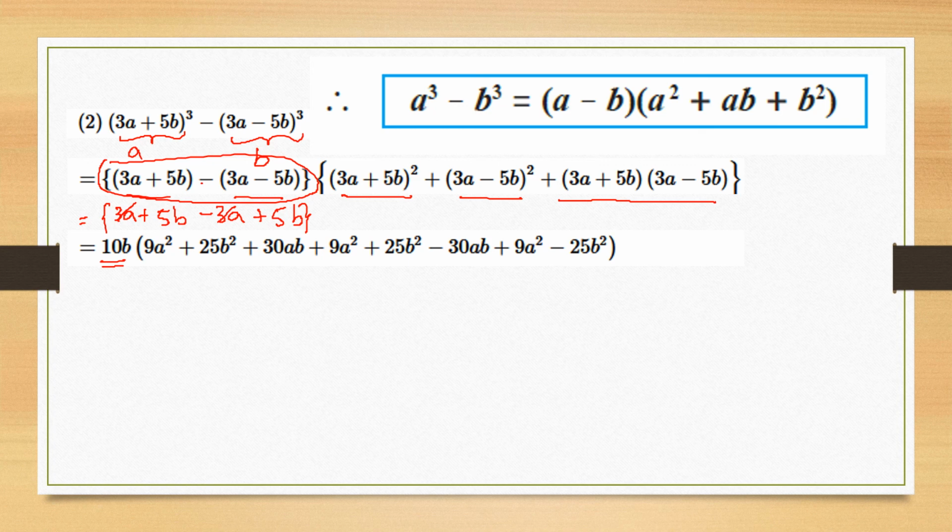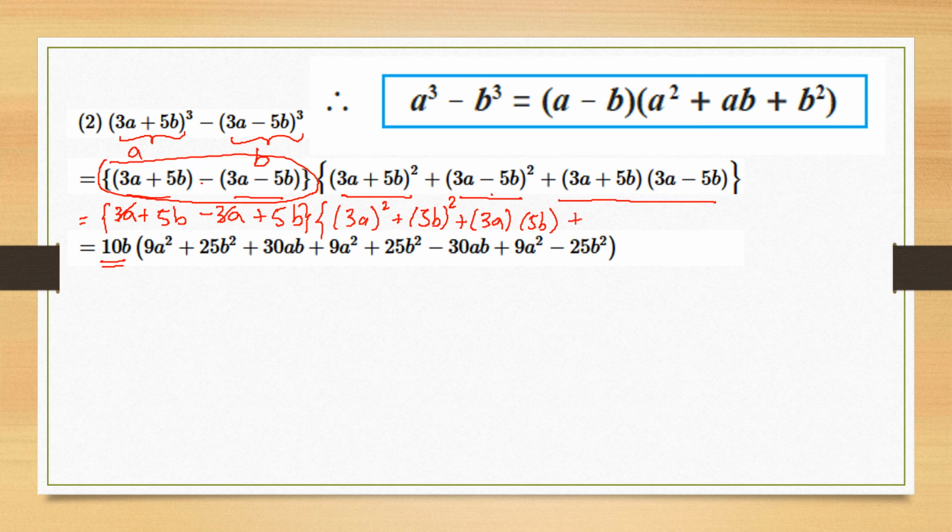Now here similarly we'll use the same formulas, (a plus b) the whole bracket square formula, here (a minus b) the whole bracket square, and here a square minus b square formula. So if you look at the first bracket, I'll expand it. That becomes (3a) the whole square plus (5b) the whole square plus a into b.